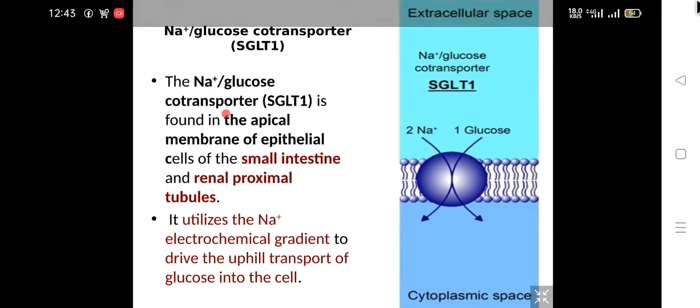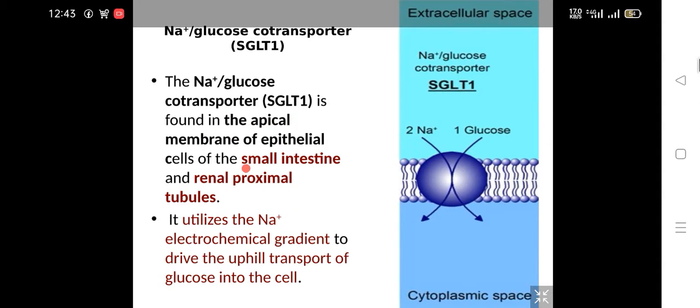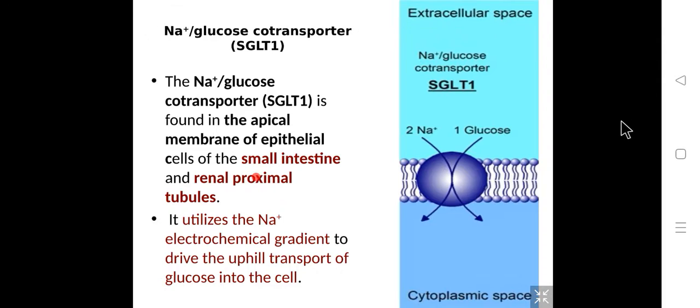So the sodium-glucose transporter SGLT1 is found in the apical membrane of epithelial cells of the small intestines and the renal proximal tubules. It utilizes the sodium electrochemical gradient to drive the uphill transport of glucose into the cell. Uphill meaning from low concentration to high concentration.